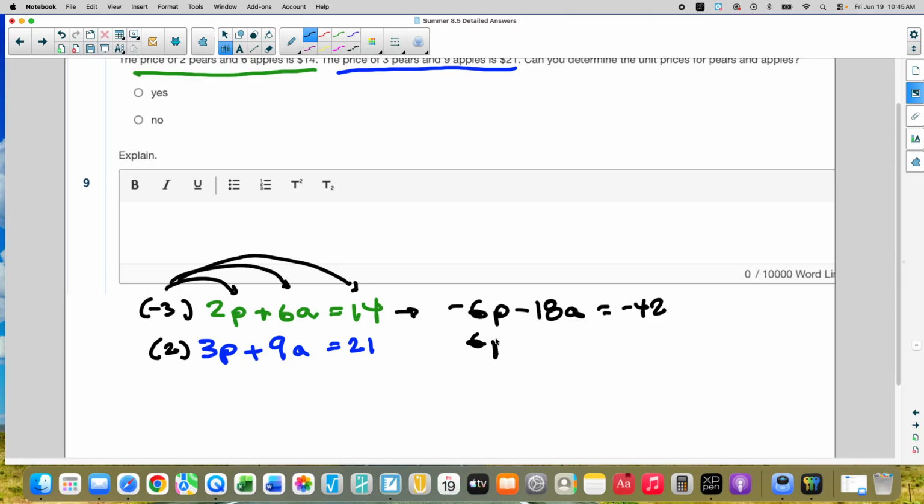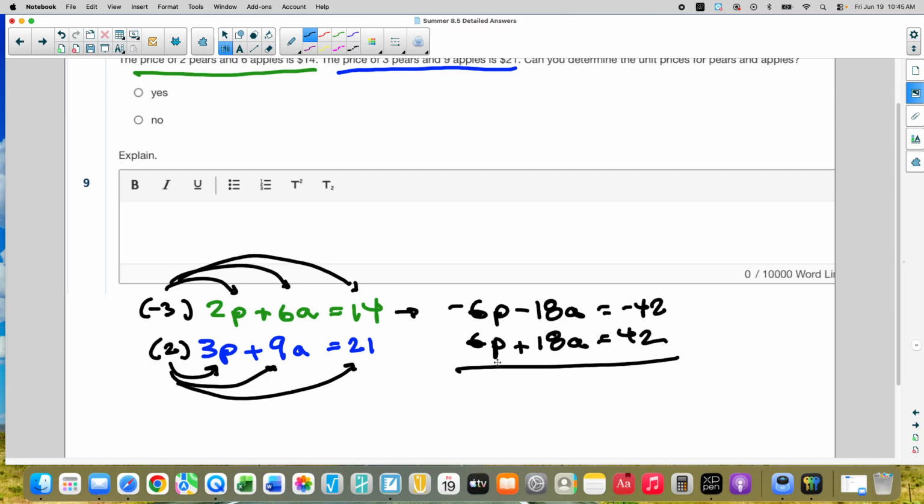That's 6p plus 18a equals 42. And now we're going to add the columns. You get 0, you get 0, you get 0. So the variables canceled. So I know it's either going to be no solution, parallel, or the same line. And then I have a number statement that is true.